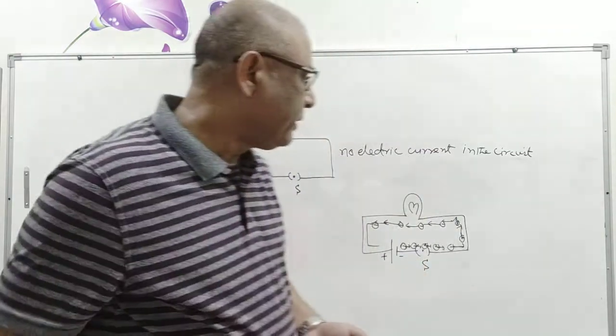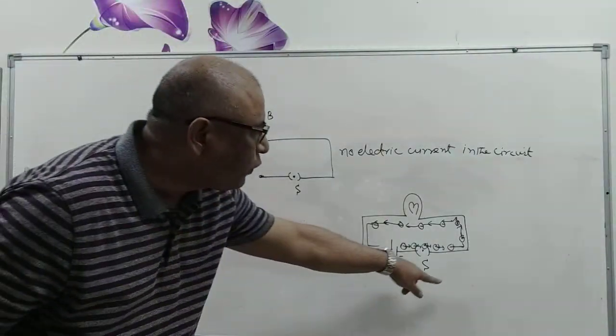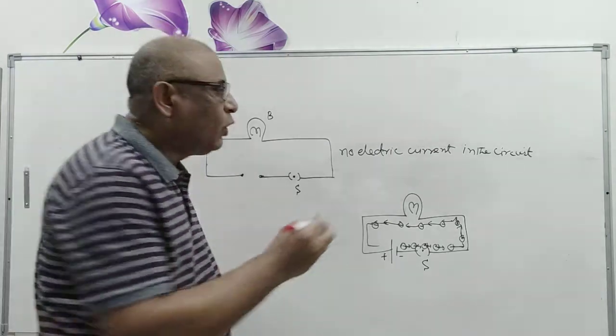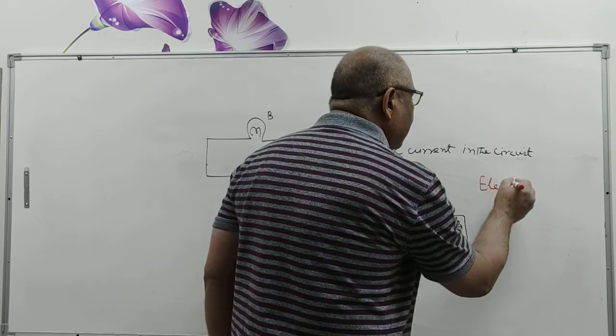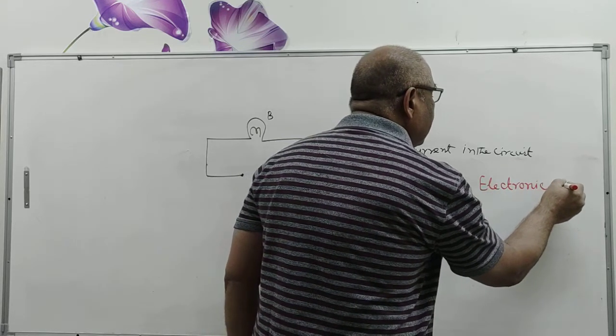Now one thing here: electrons flow from the negative to the positive, known as electronic current.